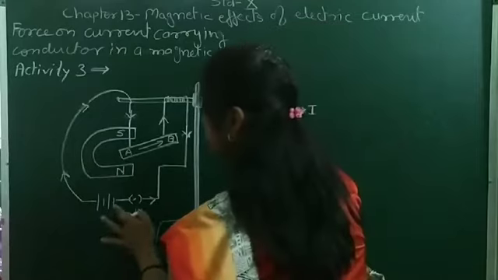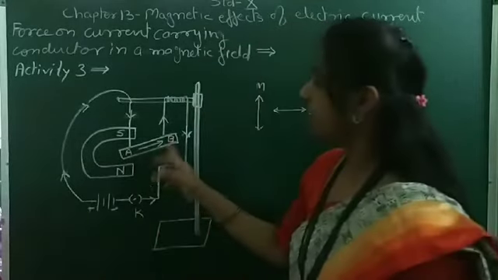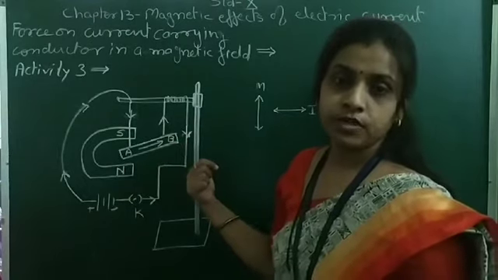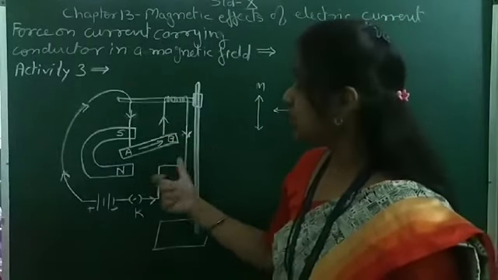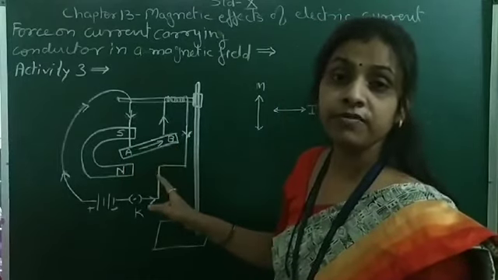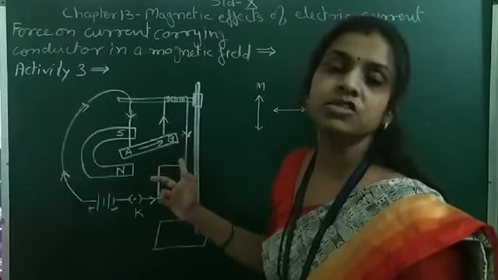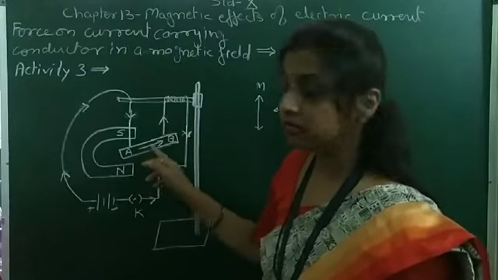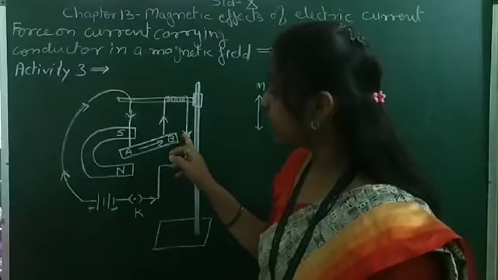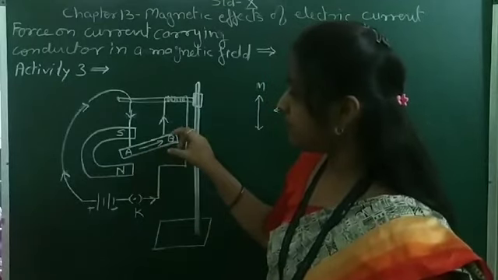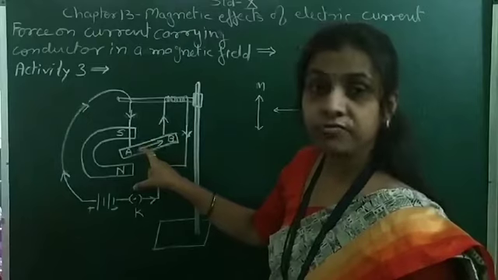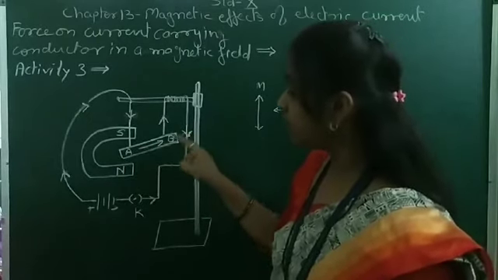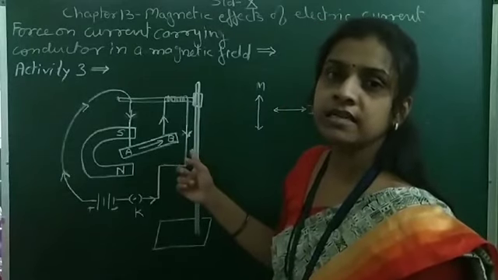As the direction of the current gets changed, the aluminium rod moves towards the right. Why does it move towards the right? Because of the force exerted by the magnetic field, but we changed the direction of the current. Initially, whenever the current carrying rod is placed in a magnetic field, it moves towards the left, because in that case the direction of the current is different.